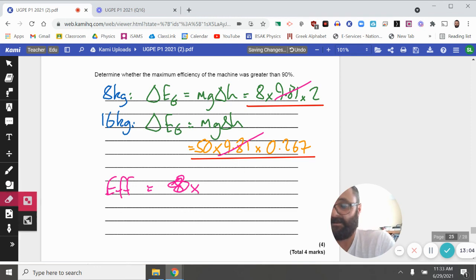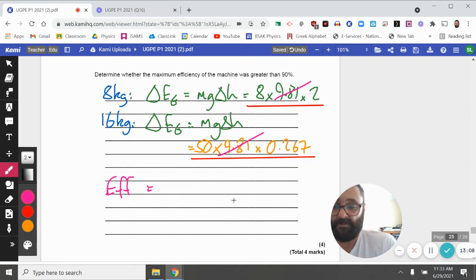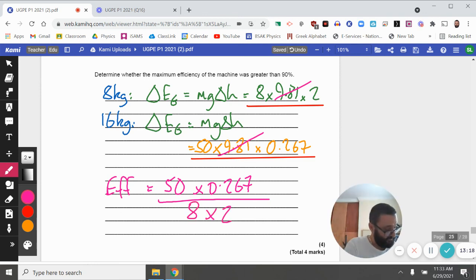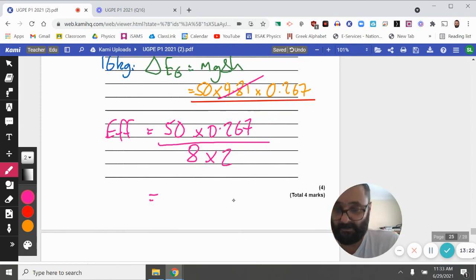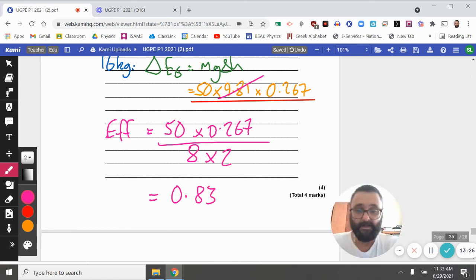Efficiency is the useful out, which is 50 times 0.267, over the total in, which is 8 times 2. Now that comes out as 0.83, which is 83%.